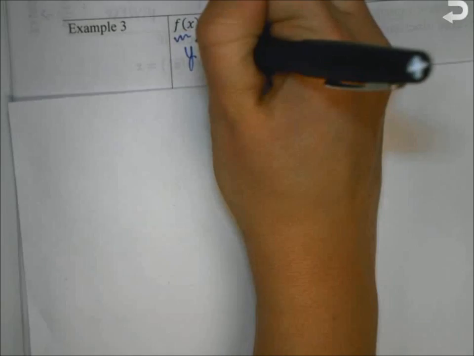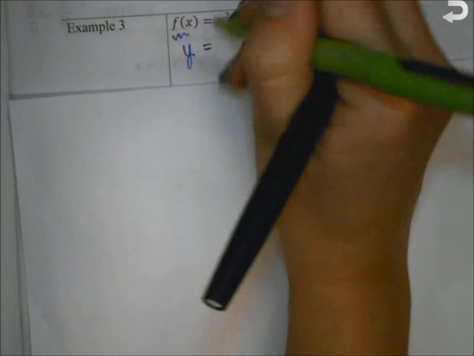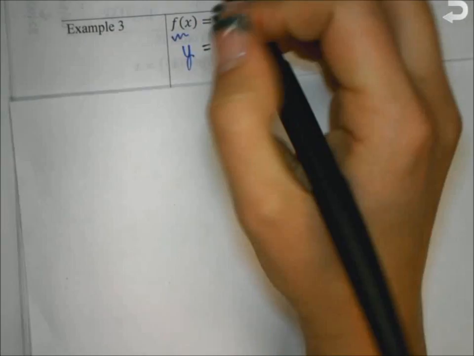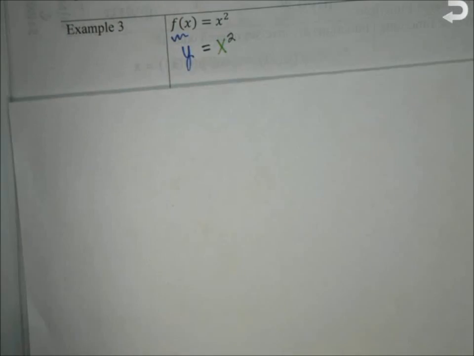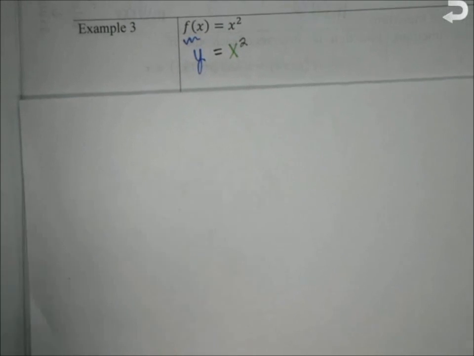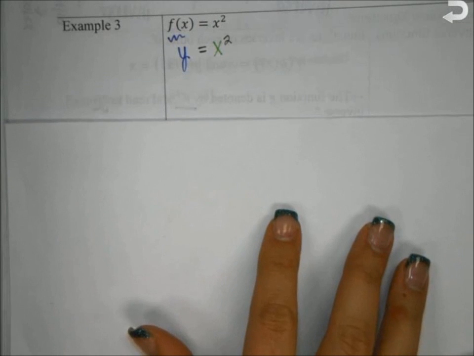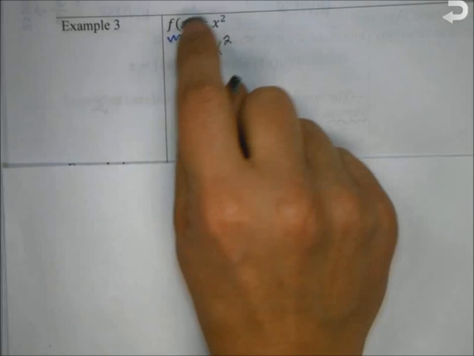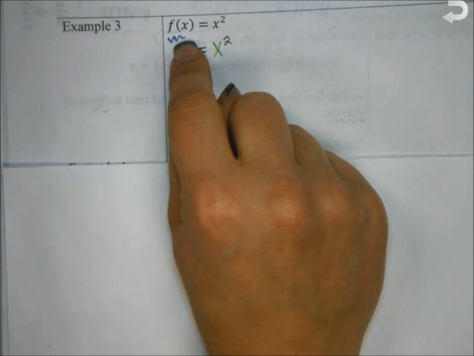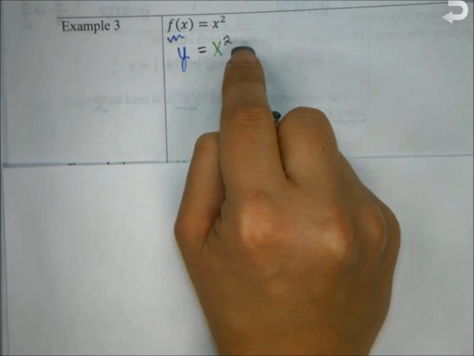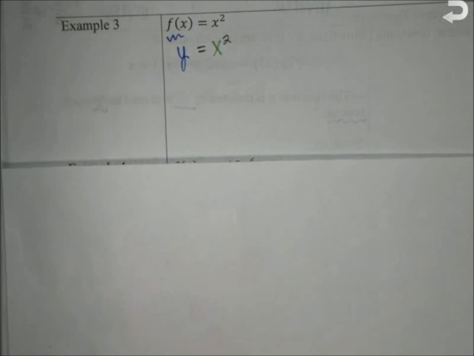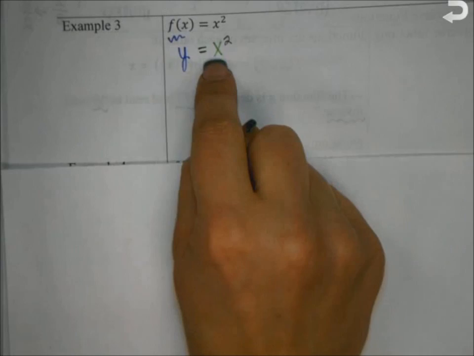Just because then it's easier for us so that we can follow the same steps of switching x and y and then solving for y. But because our original function was given in f of x, we want our answer to be f inverse. So we're going to have to change it back later at the end. Okay? So all we need to do here is we switch x and y. So this becomes x equals y squared.